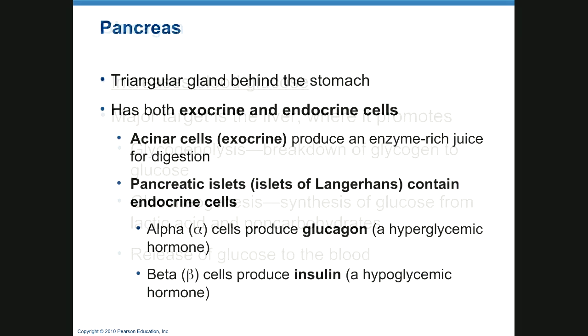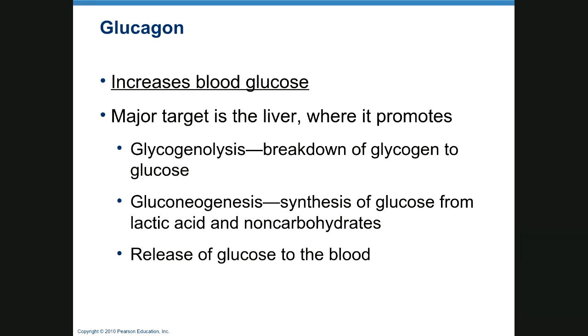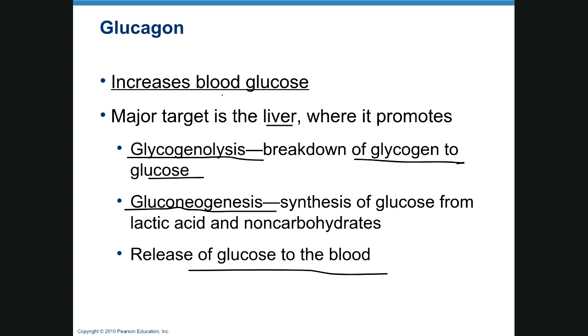Well, here we have glucose, glucagon. The major target to increase your blood glucose of glucagon is the liver, where you get glycogenolysis, breakdown of glycogen to glucose, and gluconeogenesis, synthesis of glucose from non-carbs, including proteins, and you increase blood sugar here.